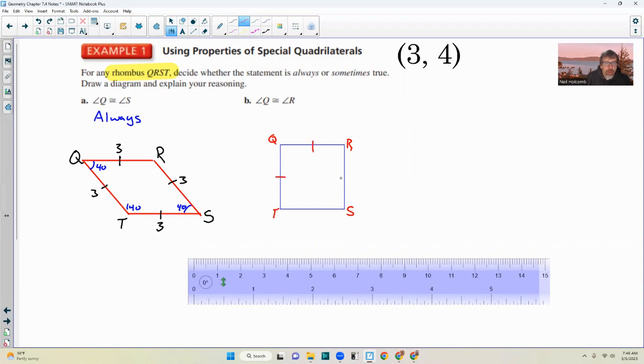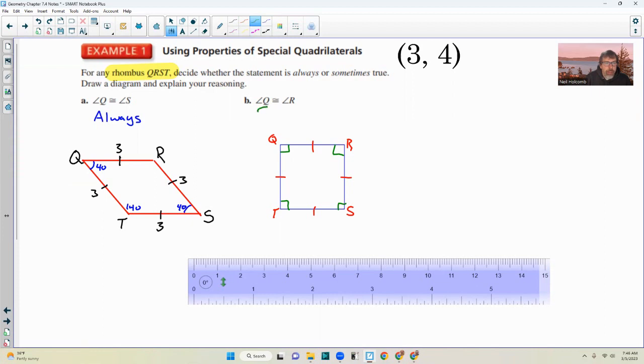Remember, squares have congruent sides, so it's a rhombus. But if this is 90 degrees and consecutive angles have to be 180 degrees or supplementary, then that's 90 degrees. So angle Q is congruent to angle R. If the rhombus is pushed over, if you will, so that all 4 are right angles, then that becomes a square, which is still a rhombus.